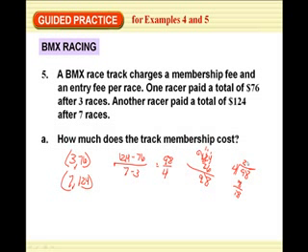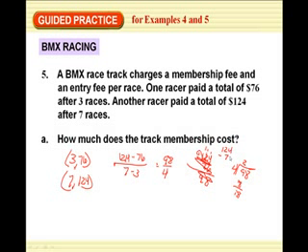Am I dividing wrong? Help, help, help. 124 minus 76. That's not 98. See, I can't read my handwriting.